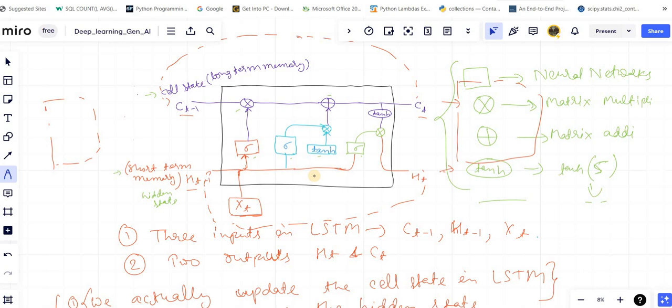So whatever output comes will go as input for the next word. Are you getting my point? I'll come to it, Sumitra. We'll go step by step, slowly.